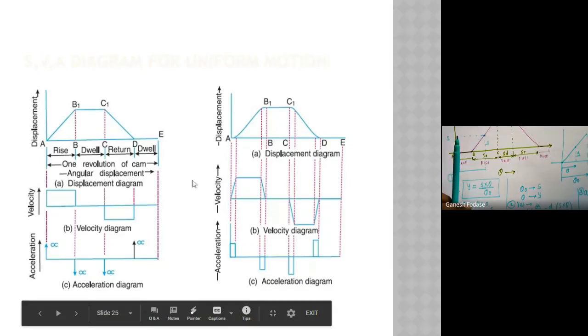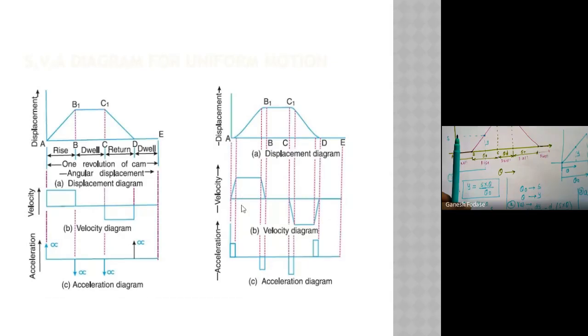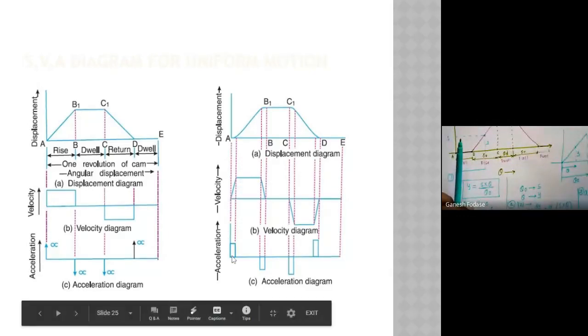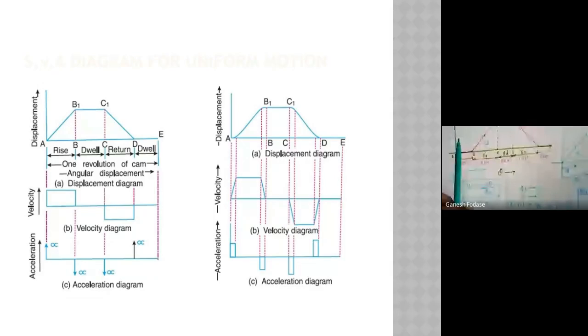To avoid this, we modified the diagram by rounding the sharp corners. So the velocity, which was increasing from 0 to a finite value in 0 time, takes some time to reach this value, so that acceleration is finite. But again, the jerk will be infinite. So there is a problem with this, and this type of motion is not preferred, as there will be infinite jerk. This is all about follower motion, that is, uniform motion of a follower.